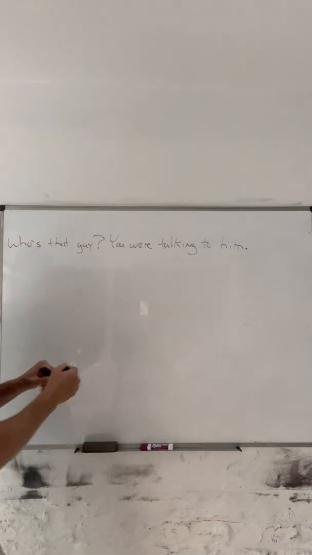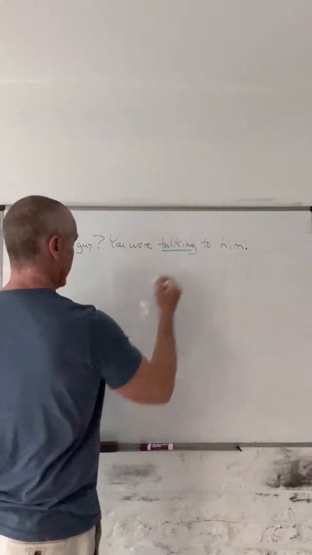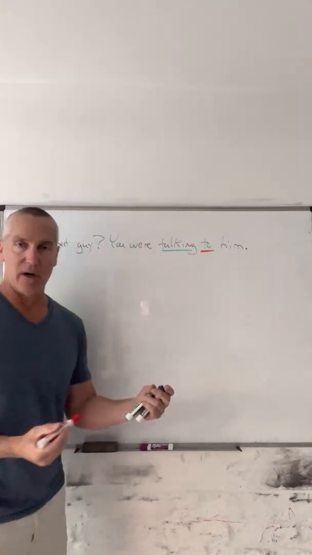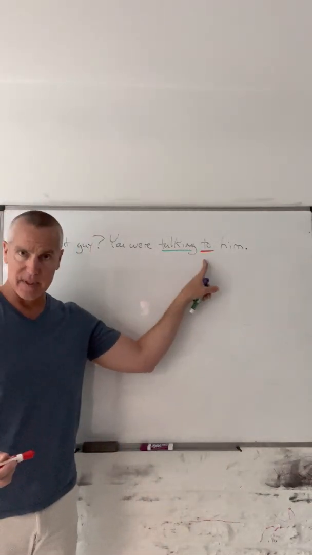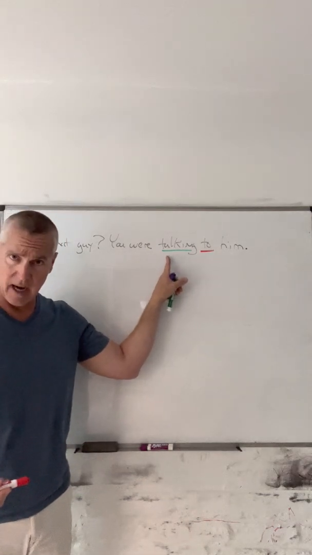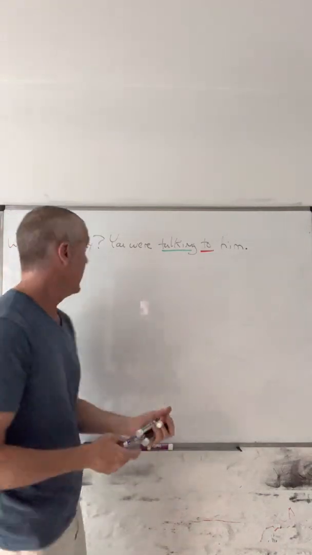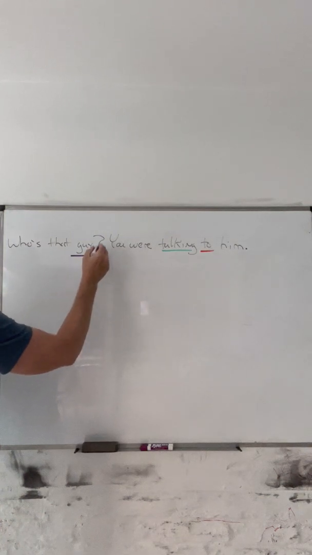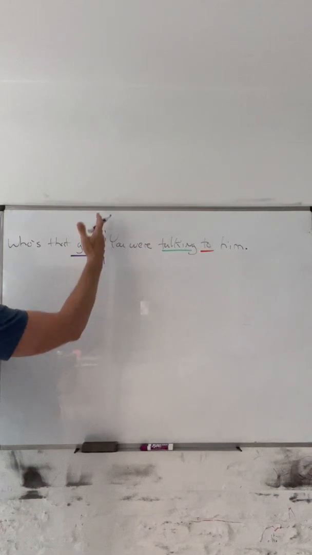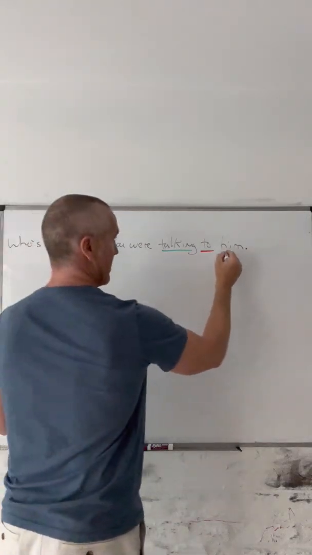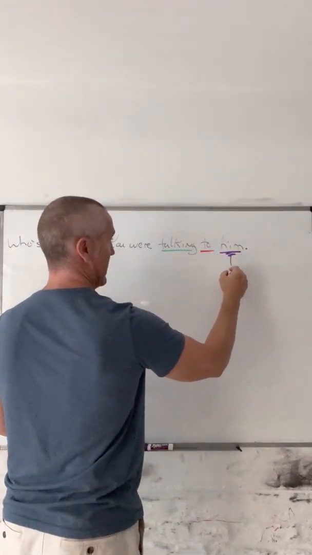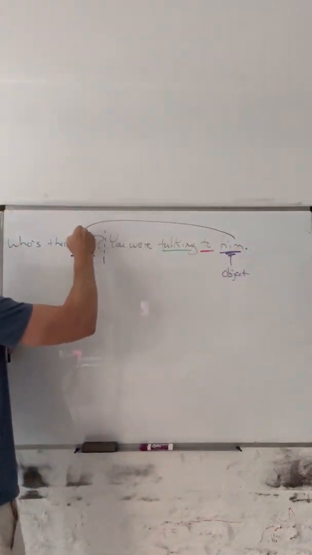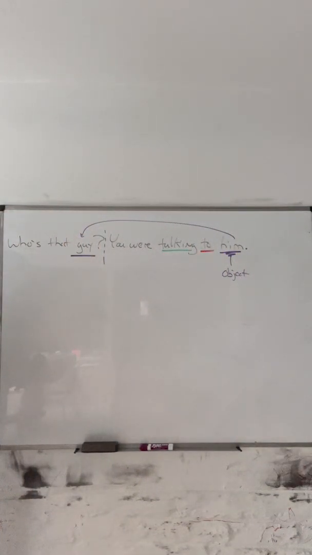Well, here's the verb, talk, and then here's that preposition to. So there's our verb preposition combination, talking to. Here's the noun that receives the modification: guy. So we know that the adjective clause is going to start right there. And then there's the reference, and we know that him is an object, and him is referring to the noun guy.